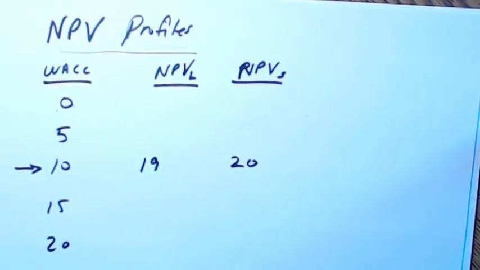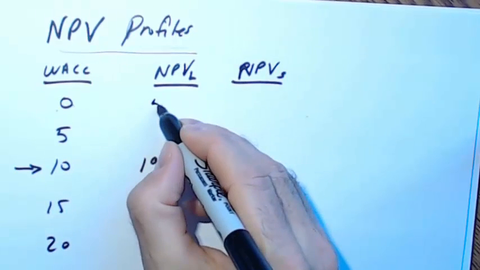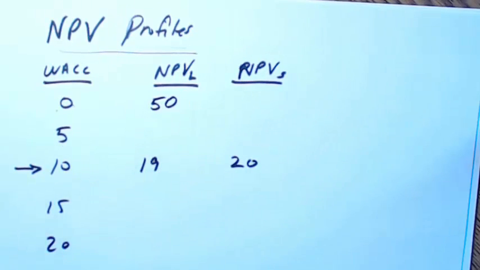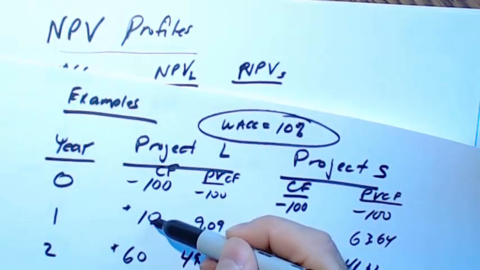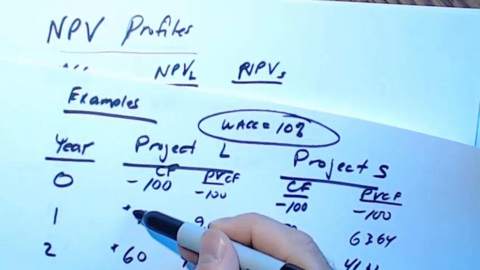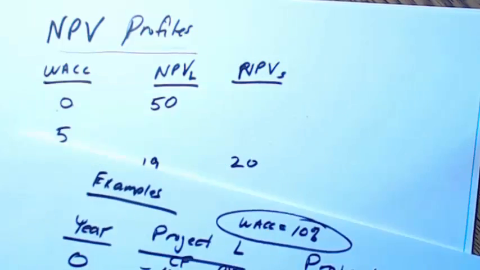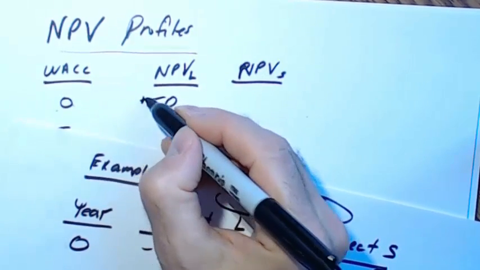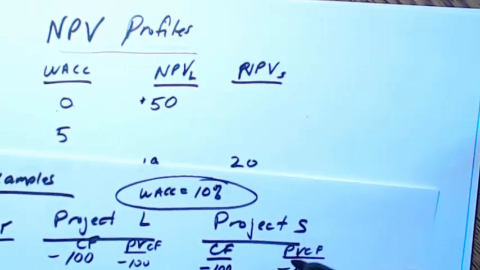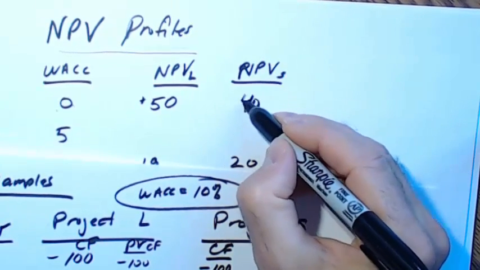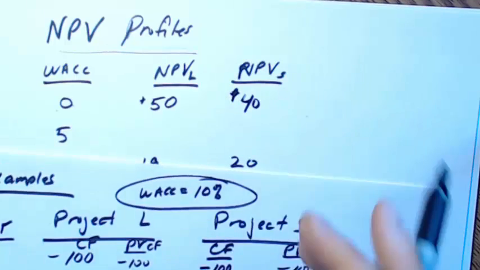There's no discounting of those cash flows. And so you add up the cash flows, and that amount is going to be $50. So minus 100 plus 10 plus 60 plus 80 comes out to be positive $50. And with Project S, it comes out to be $40 positive.